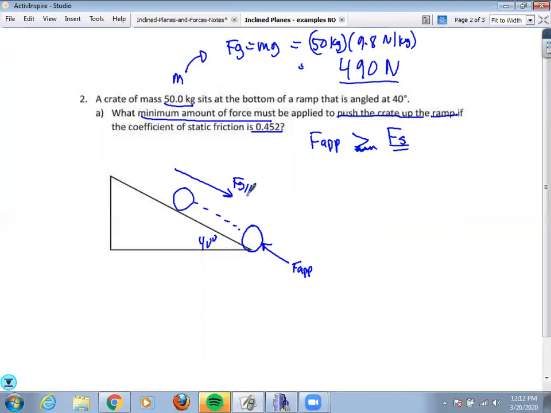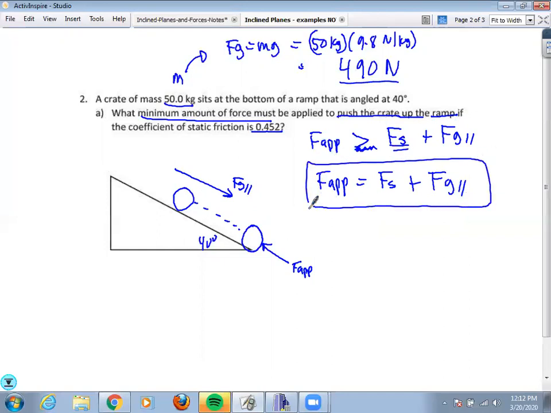So you have to overcome not only static friction, but you have to overcome Fg parallel. So the force that you have to apply to get this crate moving would be equal to the static friction force added to the Fg parallel. Okay, so now we've built our statement, and we can just calculate these two forces.